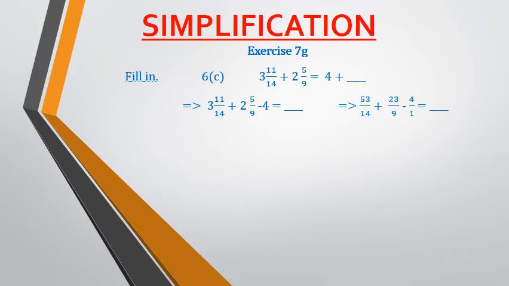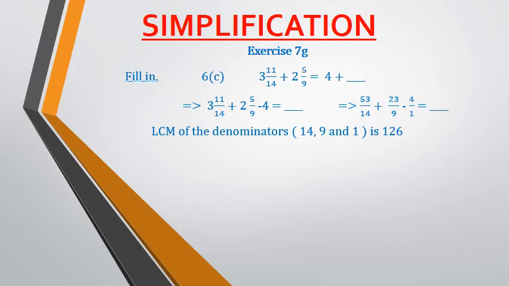Since 4 is a whole number, we will consider it as 4 by 1, so its denominator will be 1. Now let us find the LCM of these three denominators, that is 14, 9 and 1. So the LCM of the denominators 14, 9 and 1 is 126.